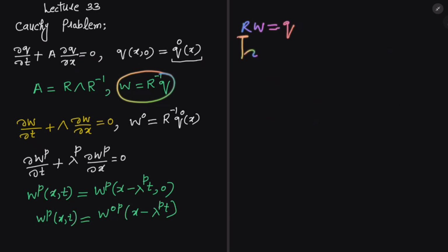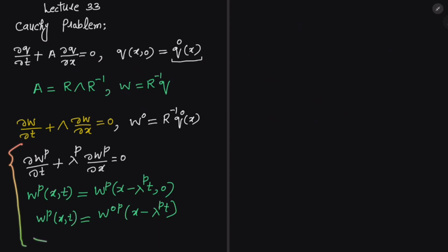So R is known. Why is R known? Since it contains the right eigenvectors. And w is the characteristic function. So it means that the solution of this problem is this one.